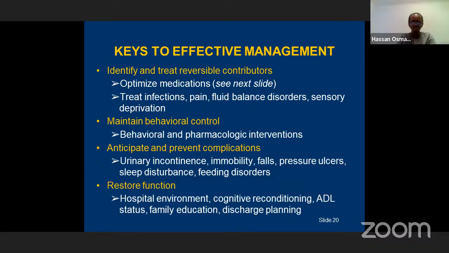Anticipate and prevent complications, because while the person is having delirium, unfortunately, you might encounter other problems, for example urinary incontinence, immobility, falls, pressure ulcers. So at the same time you are treating the person, think about the complications that might come as a result of delirium. And restore the function. Here we are talking about making the environment for the patient with delirium as suitable as you can.